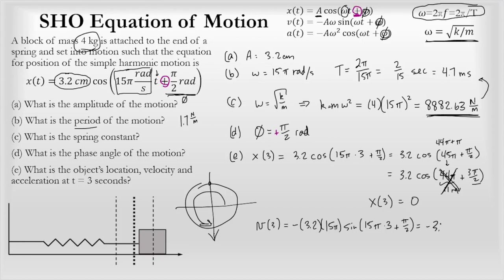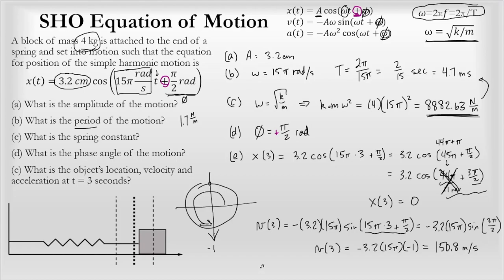I get negative 3.2 times 15 pi times sine of 3 pi over 2. This term is going to be the same as this term, so we know it's just 3 pi over 2. I know sine of 3 pi over 2 is negative 1. So the velocity at 3 seconds is negative 3.2 times 15 pi times negative 1, so I'm going to get a positive value. When I run that through, I get 150.8 meters per second.